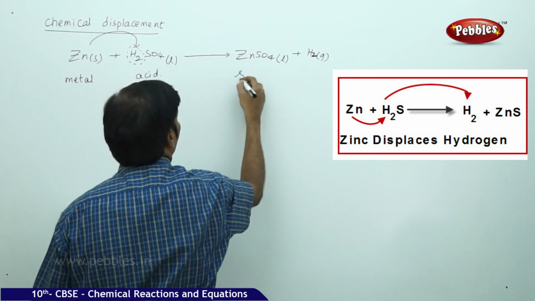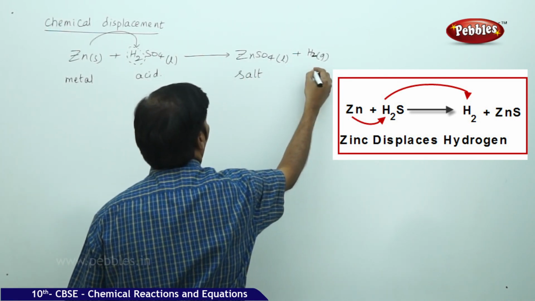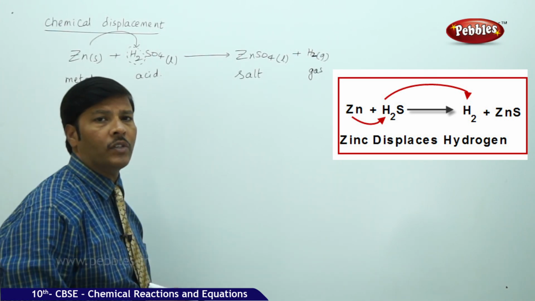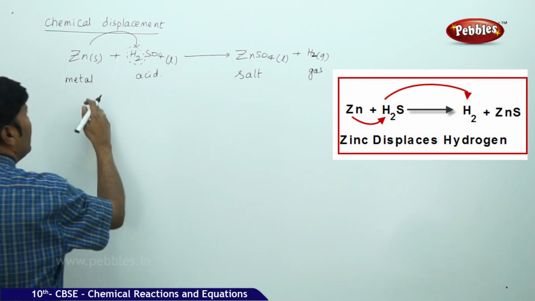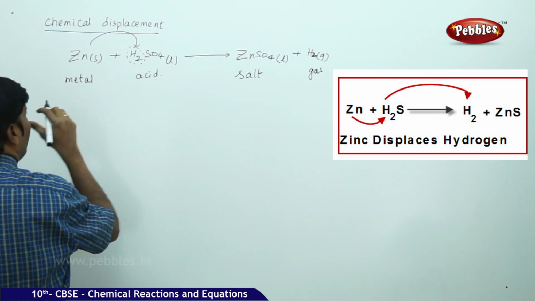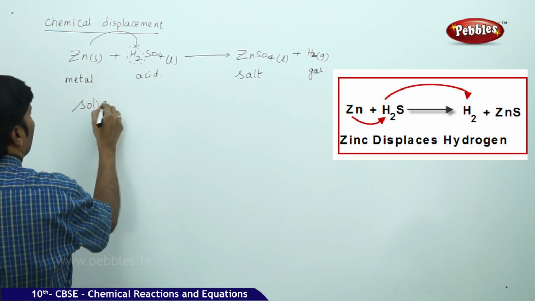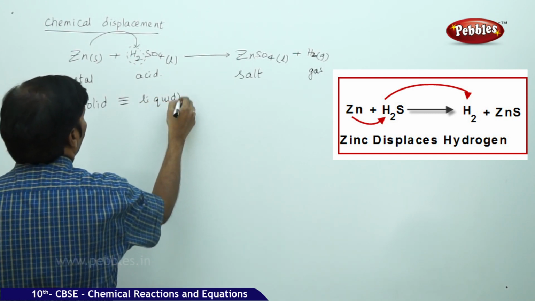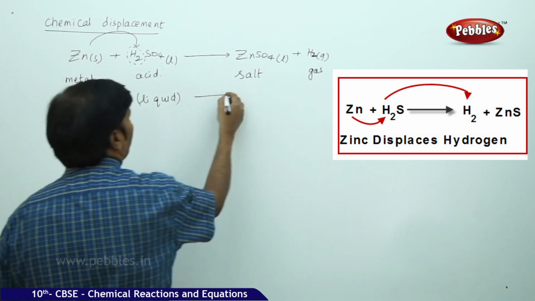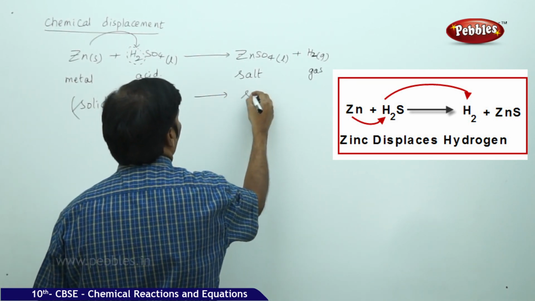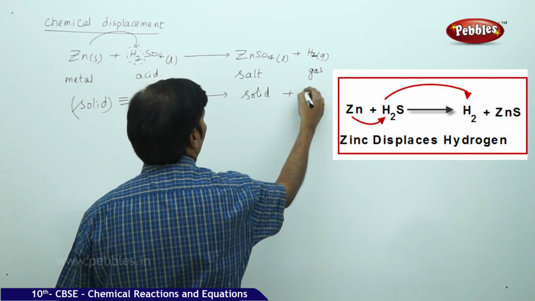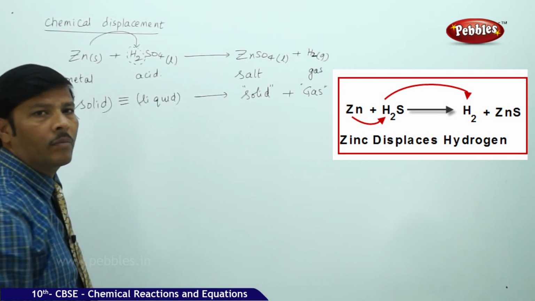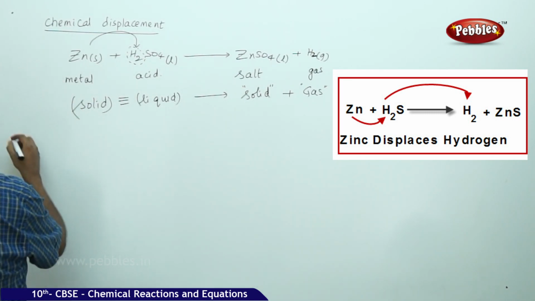So you are getting zinc sulphate as a salt and this is a gas. This is a sort of chemical displacement. Here solid reacts with liquid, the liquid is acid, the solid is metal, giving rise to a solid plus a gas. This is the information we can gather from chemical displacement.